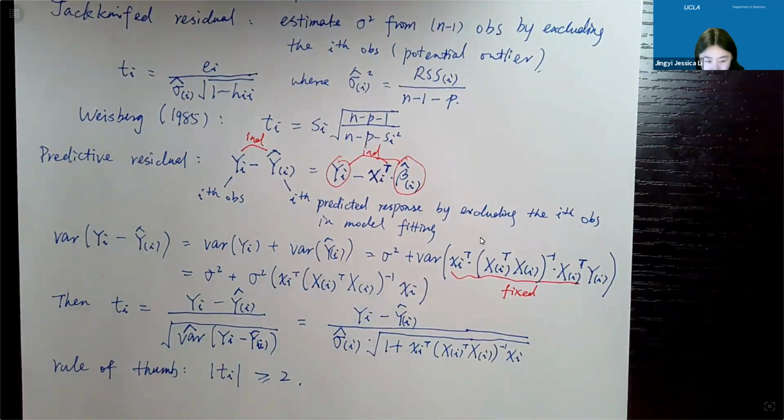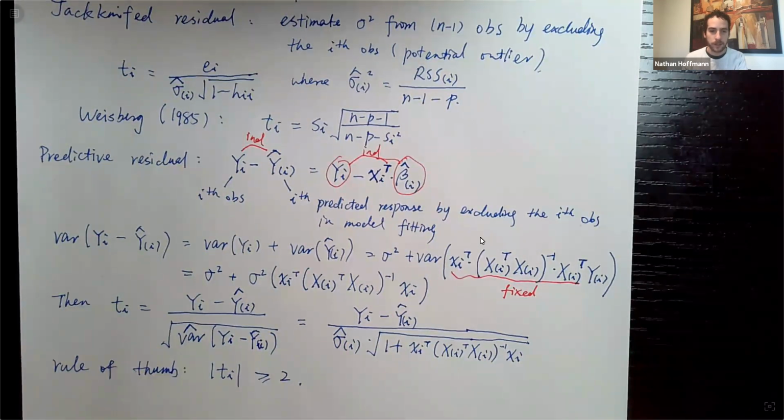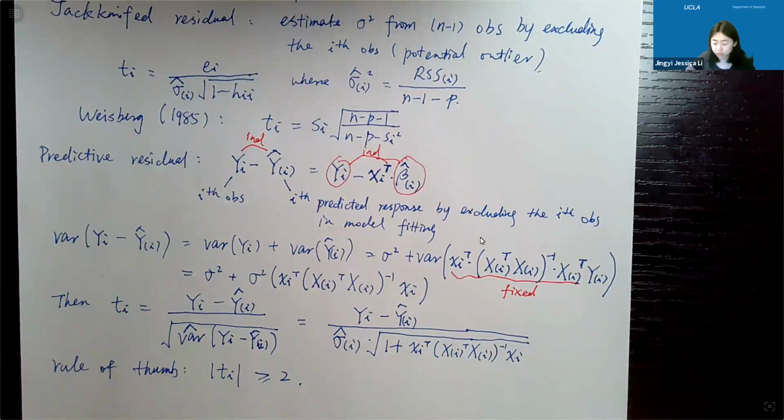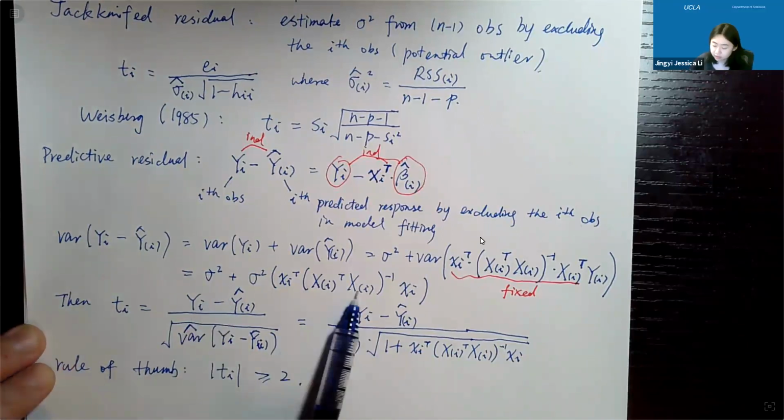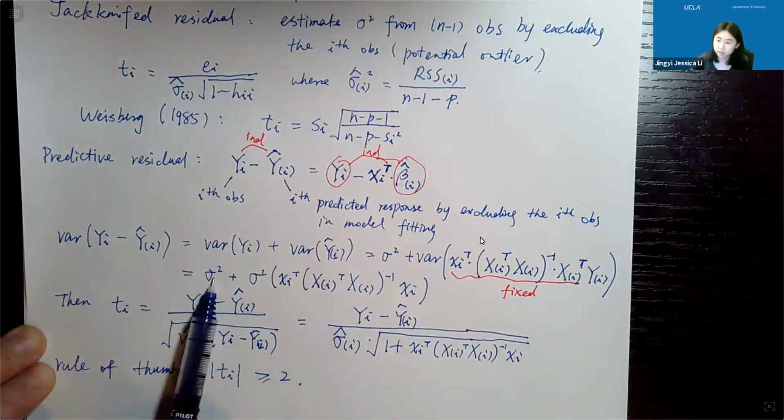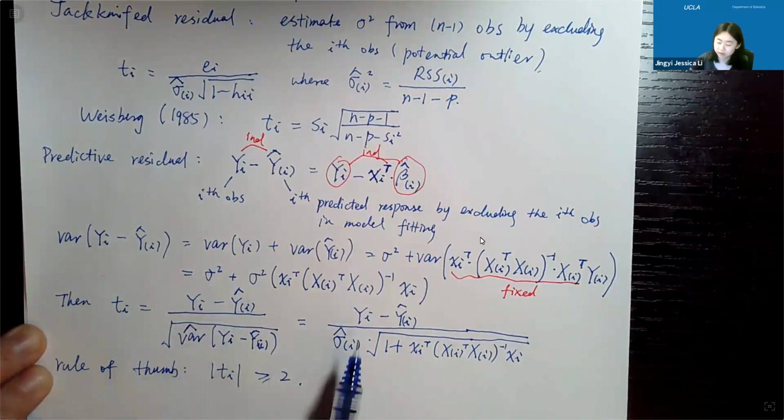Sorry to interrupt. In the denominator on the right for TI, is it sigma squared hat excluding the ith observation? It's the sigma squared excluding the ith observation. Yes. I was just wondering, how does that follow from the variance derivation in the line above? So we're just plugging the variance here, right? And then because the sigma square is unknown, we need to give it an estimate.